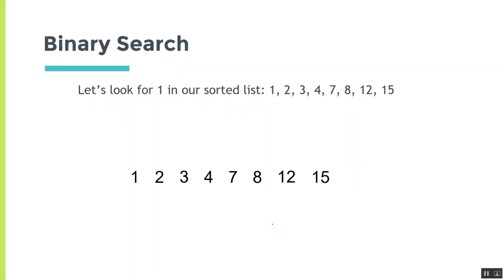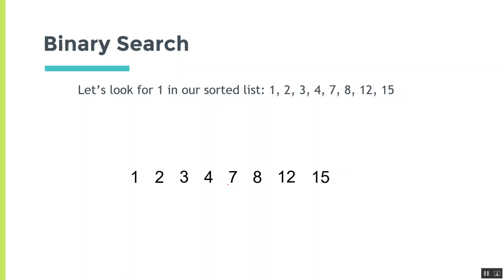As I said a while ago, we have to check the middle part of this list of numbers. As you notice, we have an even number of elements, so normally we divide it by 2. We have 1, 2, 3, 4, 5, 6, 7, 8, so 8 elements, divided by 2 is 4.